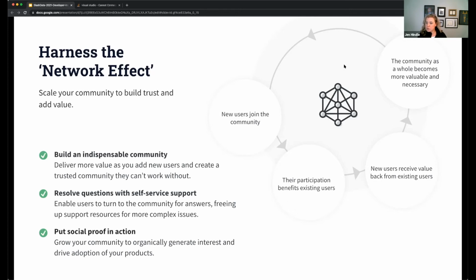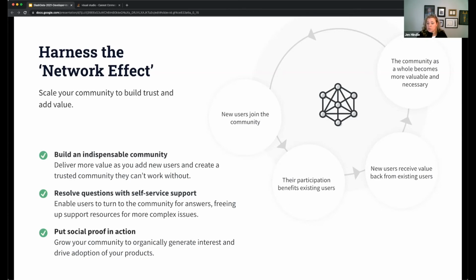So the more users that join a community, the participation benefits those existing users, the new users are receiving value from existing users, and the community as a whole really becomes more valuable and necessary and indispensable. So this really is a way to help provide that value that you're looking for and trust and create that trusted community that your users will continue to come back to.